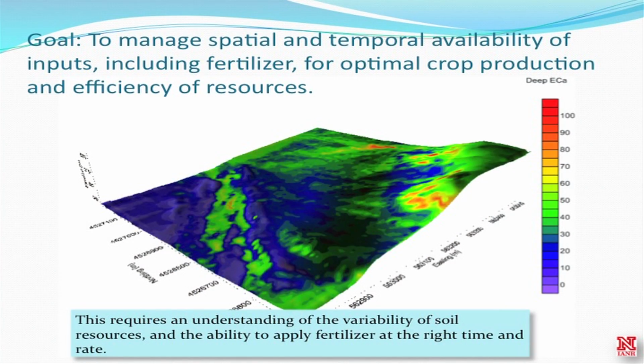This is an example of natural variability, two scales or sources of variability. One is topography, so you see the rolling nature. This is a field in Hamilton County right adjacent to the Platte River. The Platte River runs right through here, and so the soils slope gradually down towards the river. Overlaid on top of that is a map of soil apparent electrical conductivity.